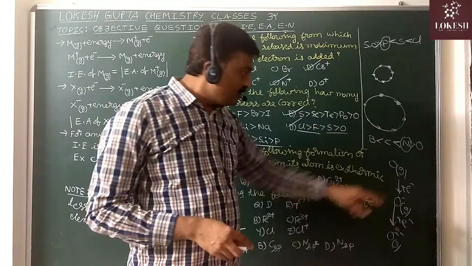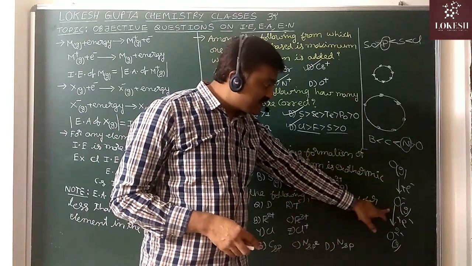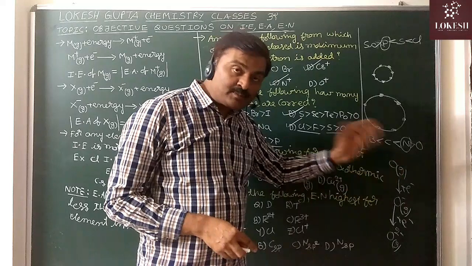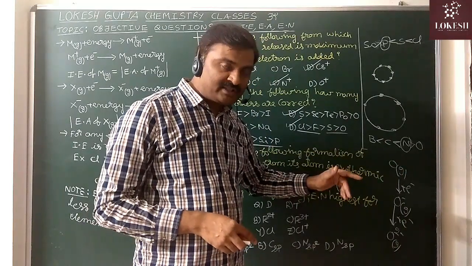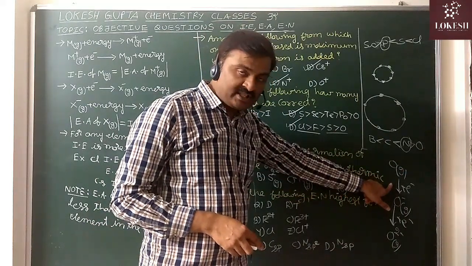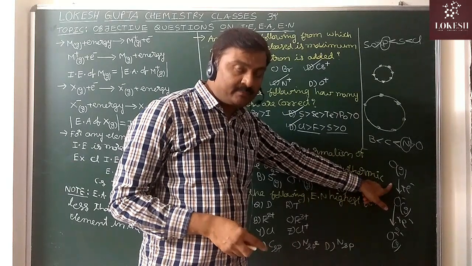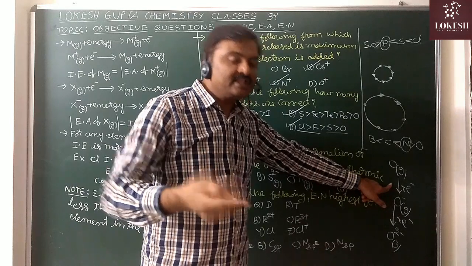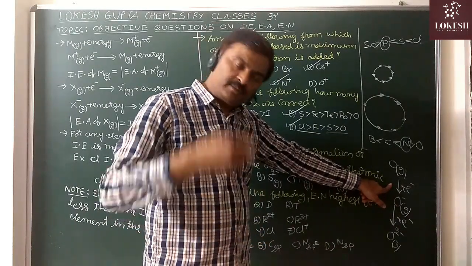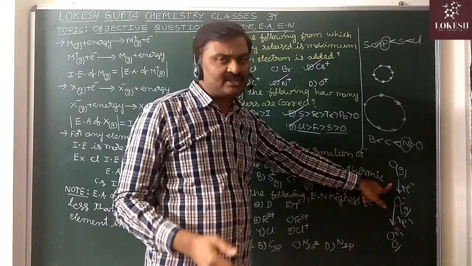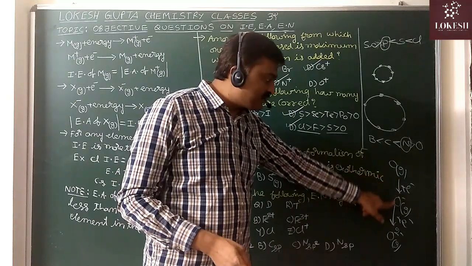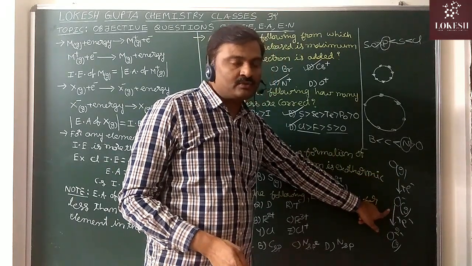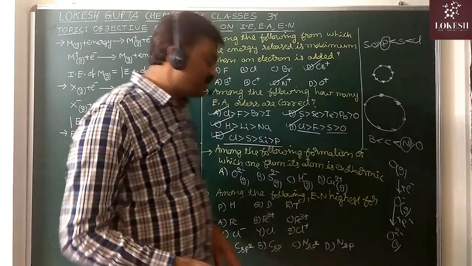And one more point, when compared with the first step, in the second step the energy absorbed is more than the energy released in the first electron affinity. The energy absorbed in the second electron affinity is more positive for almost all elements. So less negative plus more positive, overall positive, means endothermic.